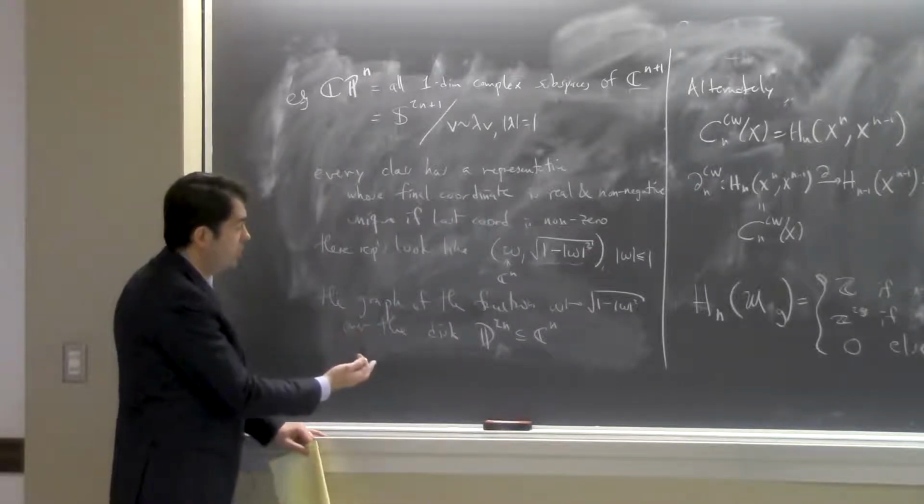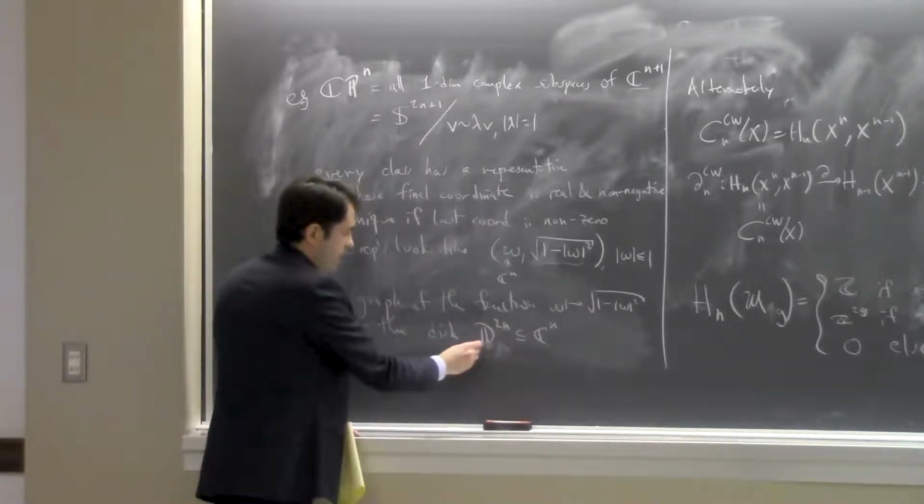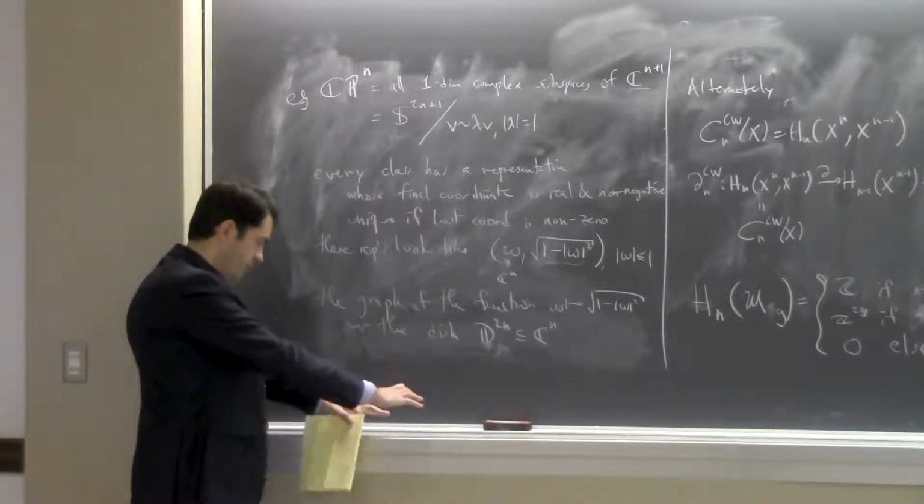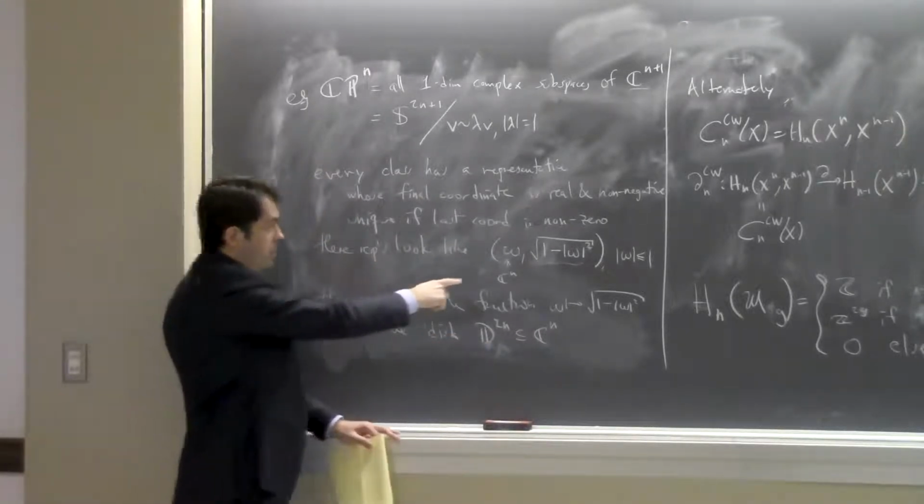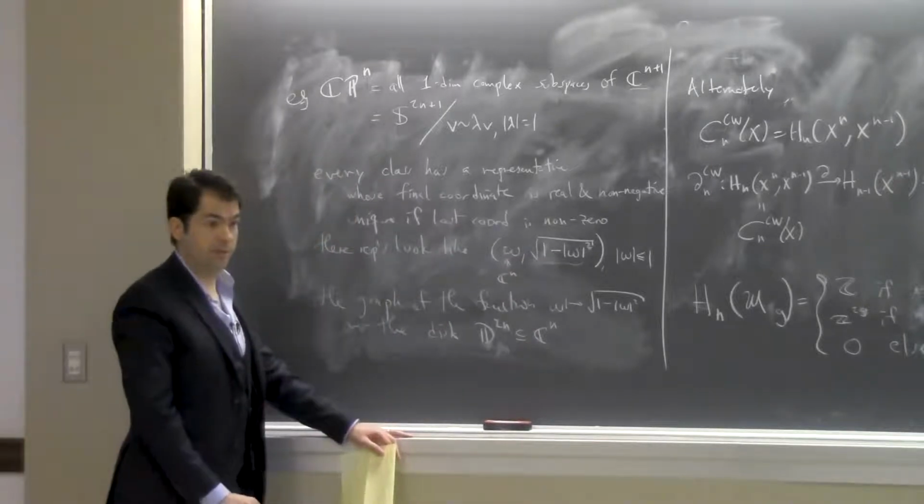Right, so the space that you end up with is topologically exactly the disk. You just have the disk, and you've pulled it up a little bit so that it gives you the graph of that function.